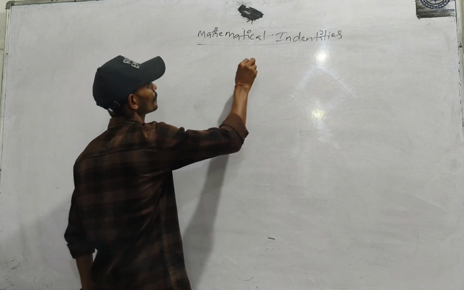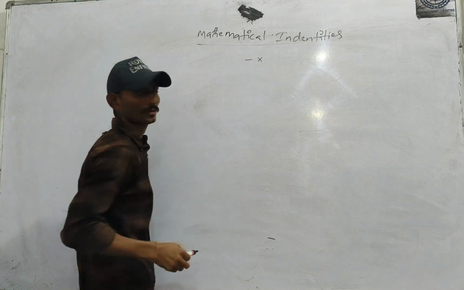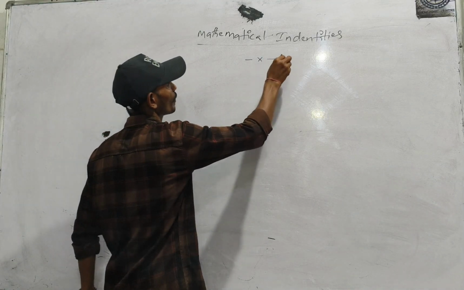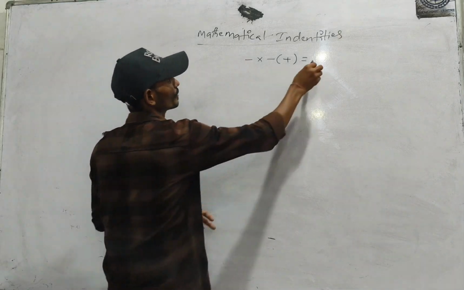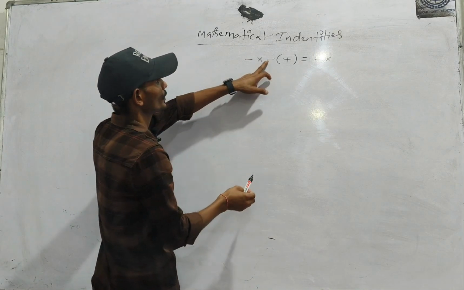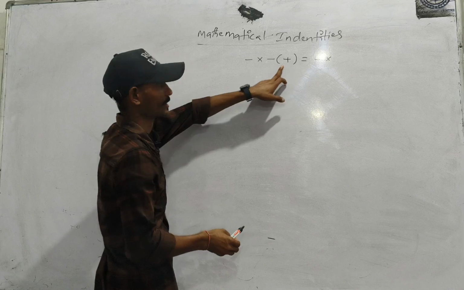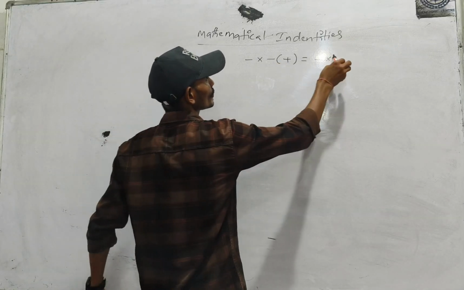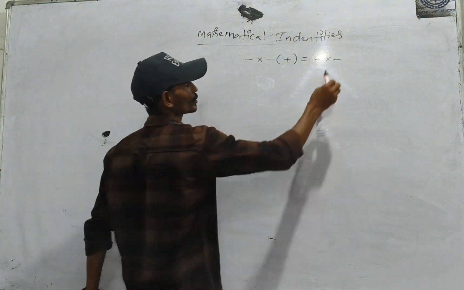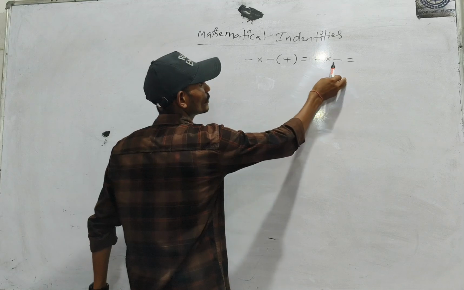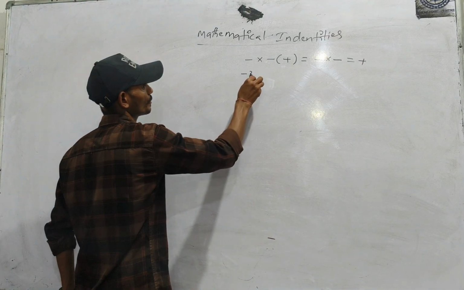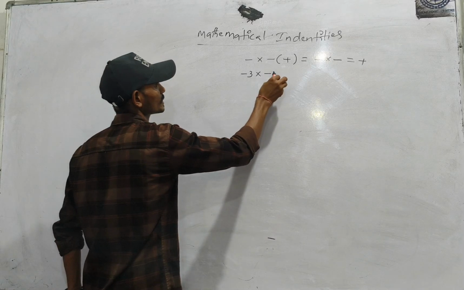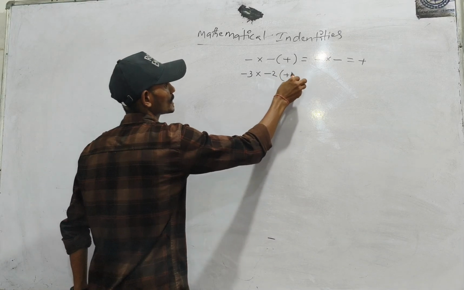Listen here: negative into negative gives a positive answer. Negative into positive gives a negative answer. Example: minus 3 into minus 2 into plus 5.